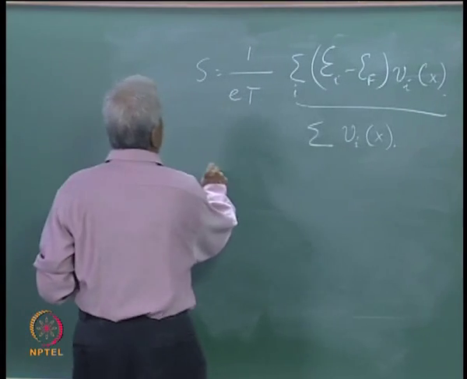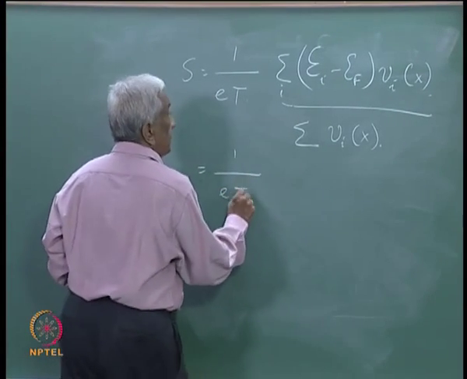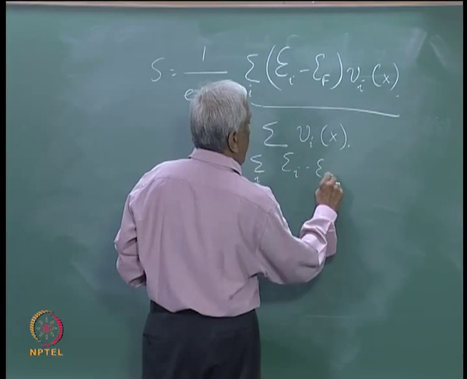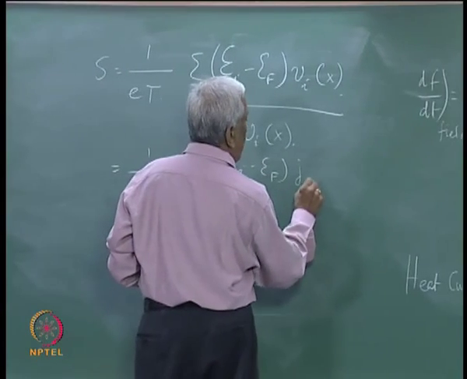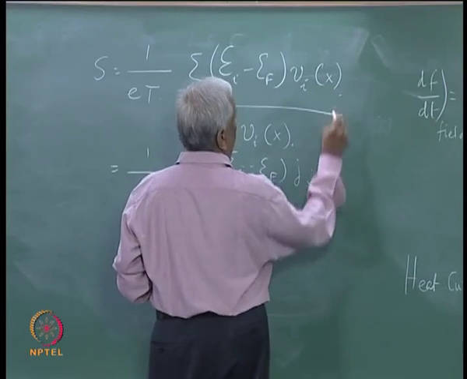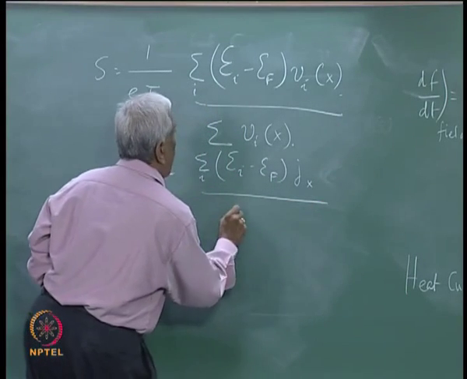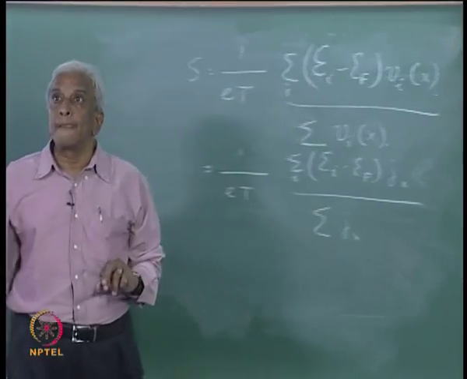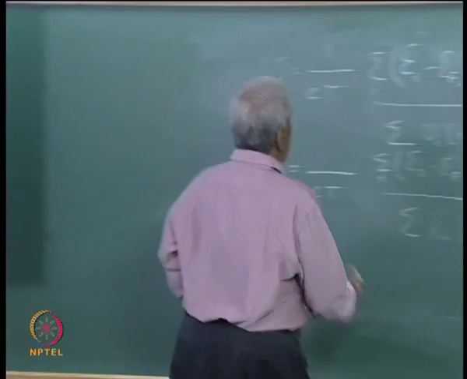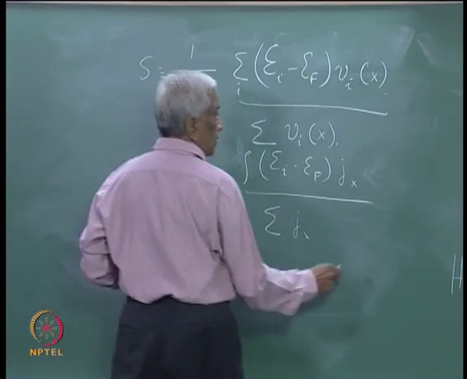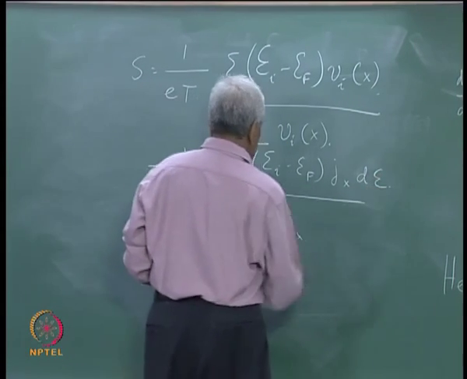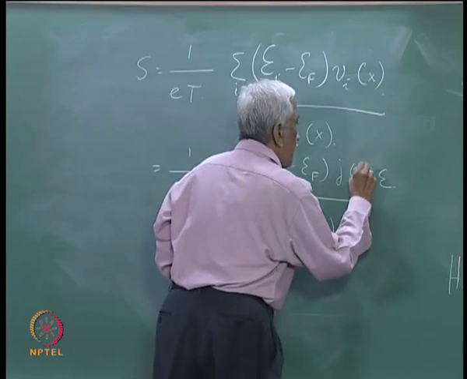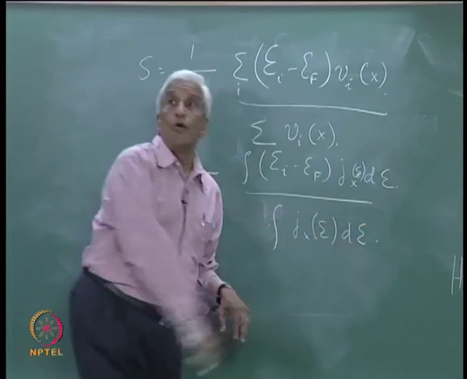This can also be rewritten using the definition of J, the current density, and in this way we can replace the summation by an integration over all the energies.